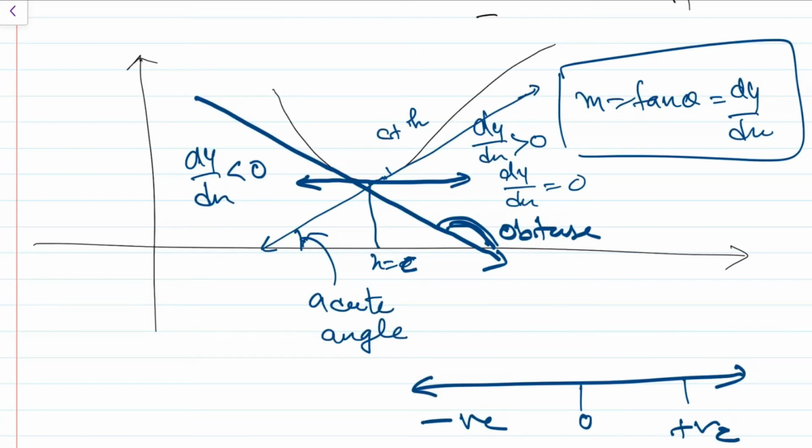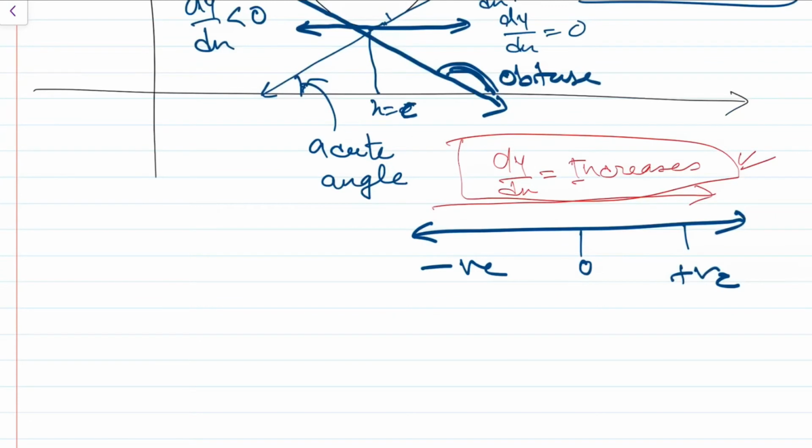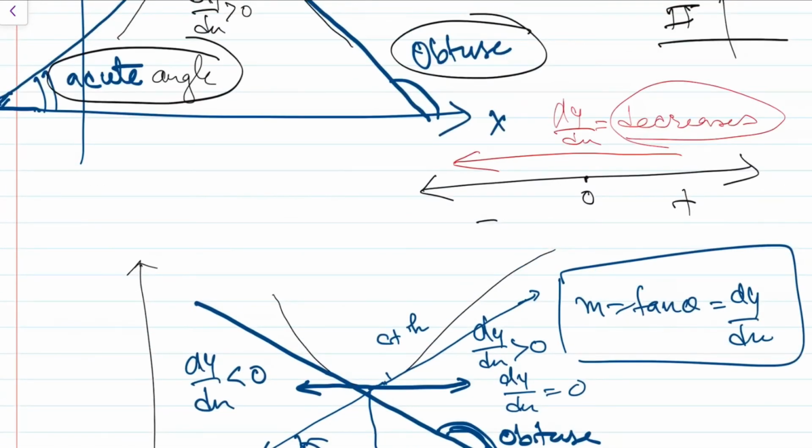It means that at the minimum point, dy by dx increases. Let's revise it. At the minima point, the first derivative goes from negative to positive through 0, and at the local maxima point, the first derivative goes from positive to negative through 0.